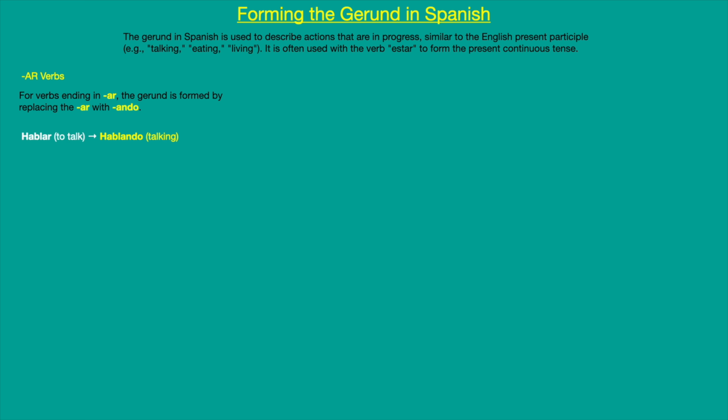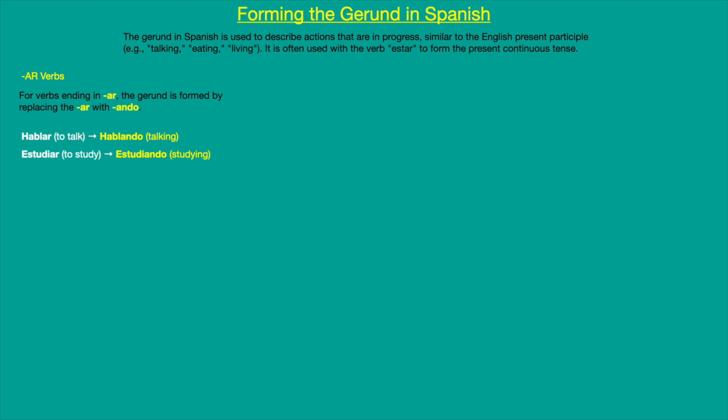For example, hablar is the verb to talk. We remove the AR and add ando, so it becomes hablando, which means talking.